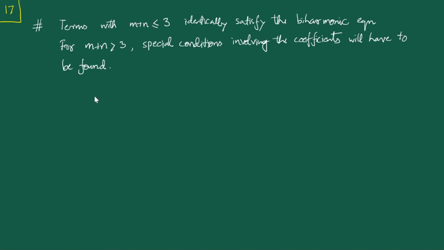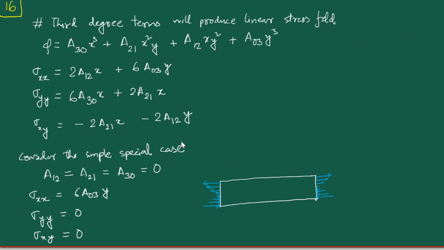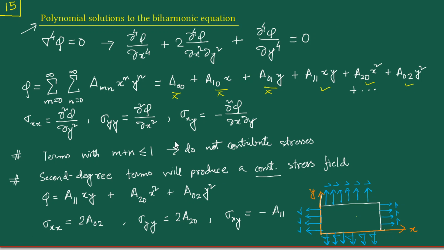All right. So you can actually go forth and try the fourth degree terms. Let us not get into that in this recorded lecture. It's just algebra. Now, these are the basic preliminaries regarding the use of polynomial forms for this Airy stress function that we have discussed here.